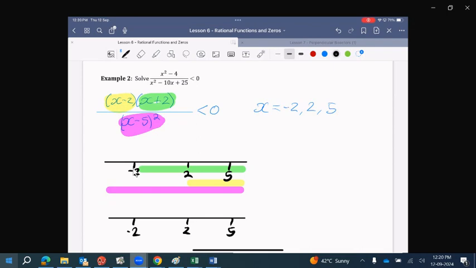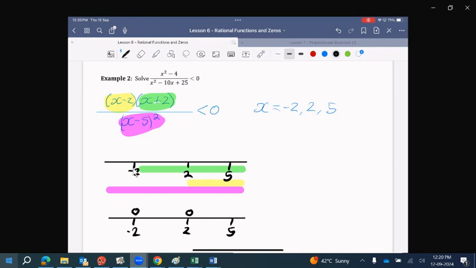Where is it going to be 0? Negative 2 and 2. So it's going to be 0 here and here. Why? Because they're in the numerator.